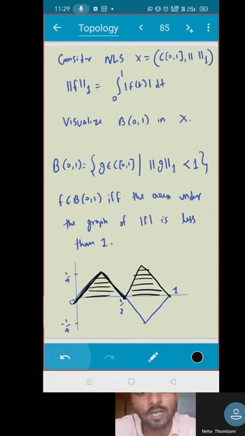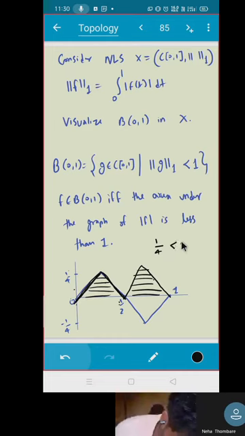That is quite simple here. Both are triangles, base into height. From 0 to 1 by 2, 1 by 2 into 1 by 4 is 1 by 8, and 1 by 8, so you have 2 by 8. That is 1 by 4. So your area is 1 by 4, which means f belongs to B01.